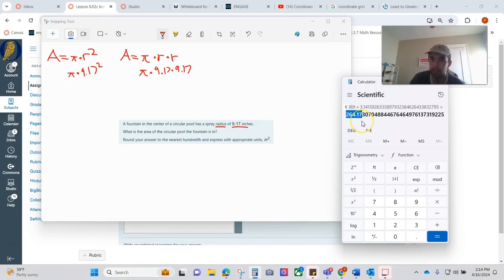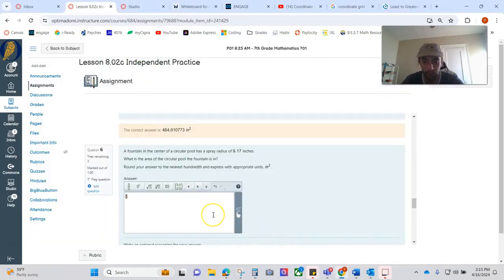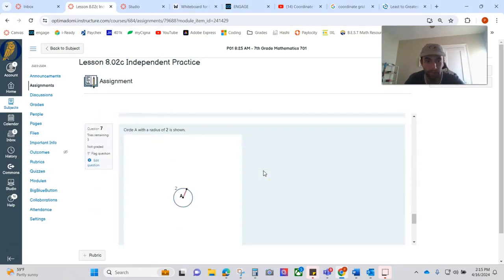So that's the second place value after the decimal point. When I round to the nearest hundredth, I look at the thousandth place. For me, the 3 will tell this 7 to round down, because 3 is closer to 0, making my answer 264.17 inches squared, expressed with appropriate units.